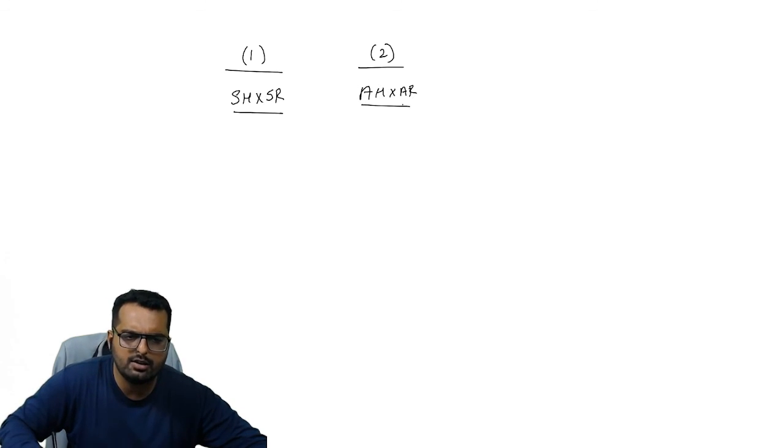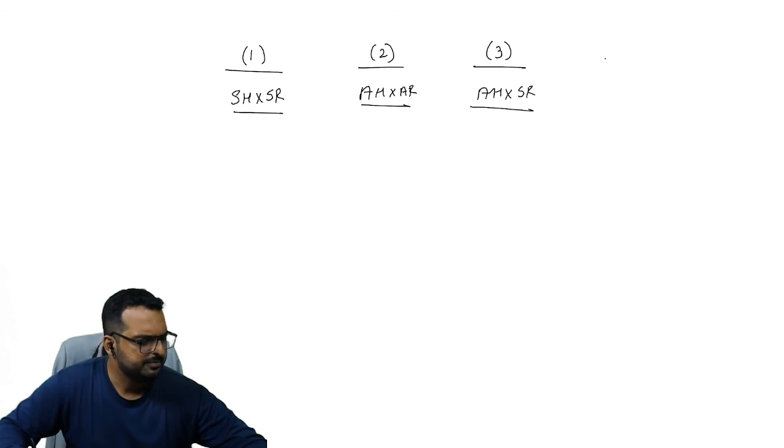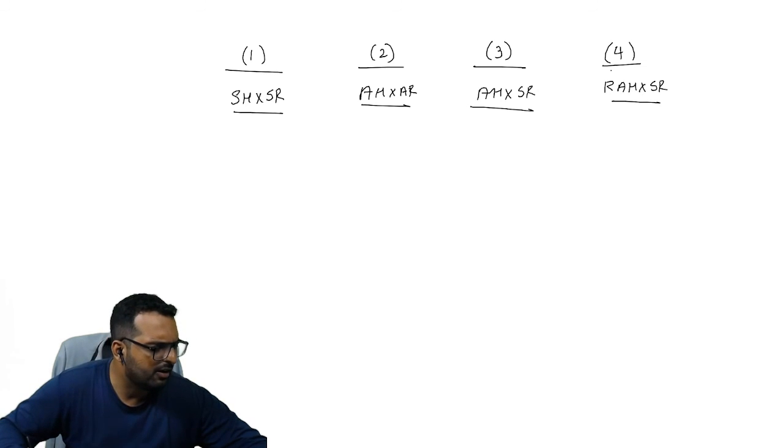AH into AR, table number 3. AH into SR. Then fourth table you are saying RAH into SR.